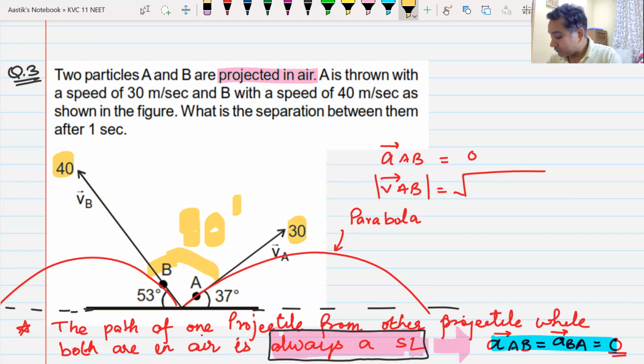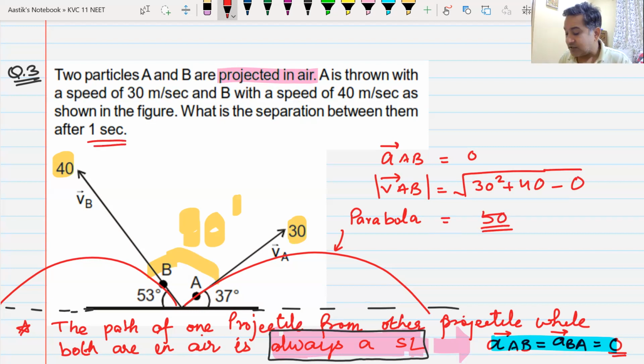So here, the magnitude of the velocity of A with respect to B will be 30 square plus 40 square minus 0. That thing is 0. So it simply becomes 50 meters per second, motion in a straight line. We want to find out the distance after 1 second. So again, I can apply the formula of displacement of A with respect to B, straight line.